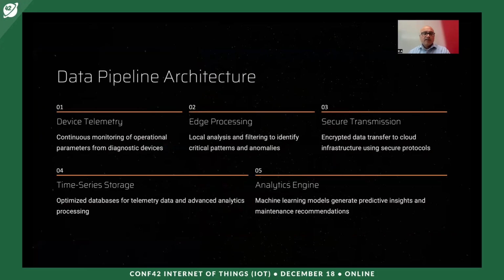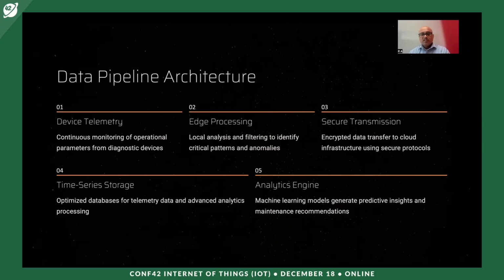The architecture pipeline has five steps. One is device telemetry, where we continuously monitor the operational parameters from the diagnostic devices. Then local analysis and filtering identify critical patterns and anomalies in the edge processing.